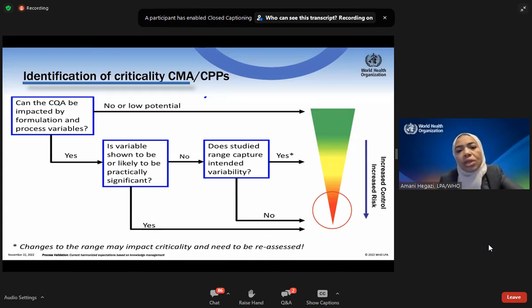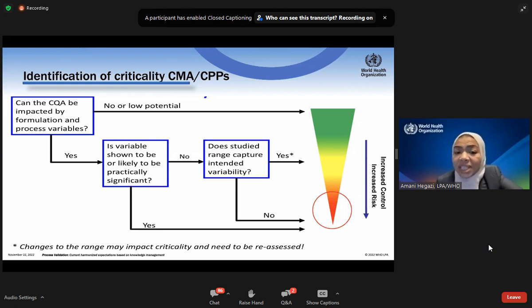While we are performing and formulating the control strategy, one of the important steps is determining which material attributes and process parameters are critical. And here is an example of a decision tree.